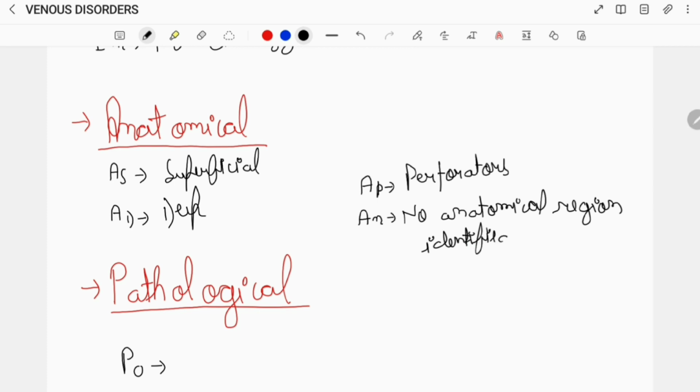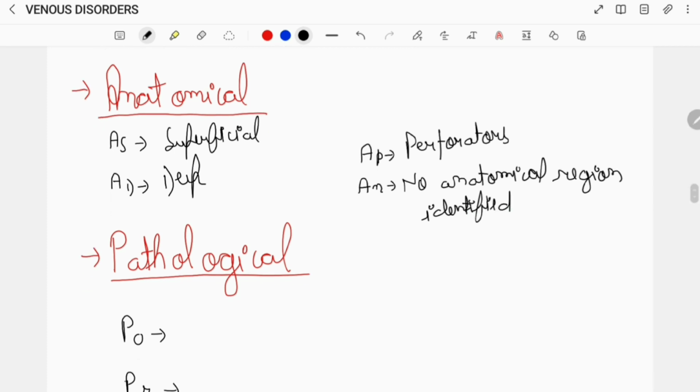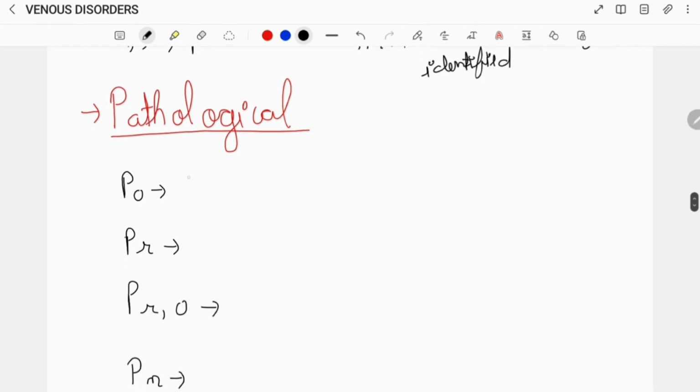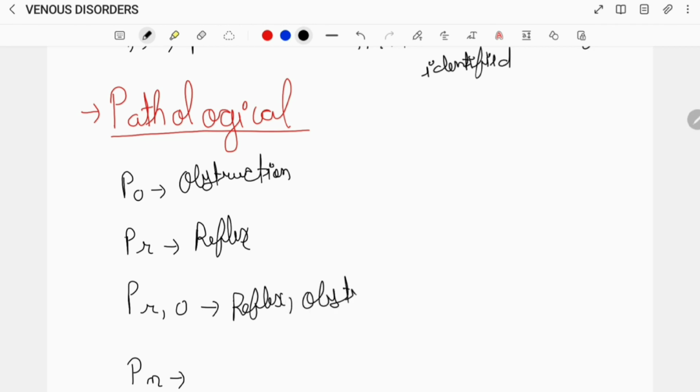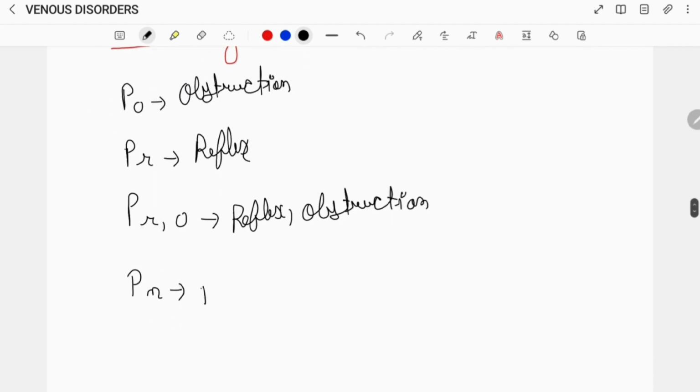If I talk about the pathological classification, then here we have PO, which stands for obstruction, PR, which stands for reflux, PRO means that there are both reflux and obstruction, and PN means that no pathophysiology is identified.